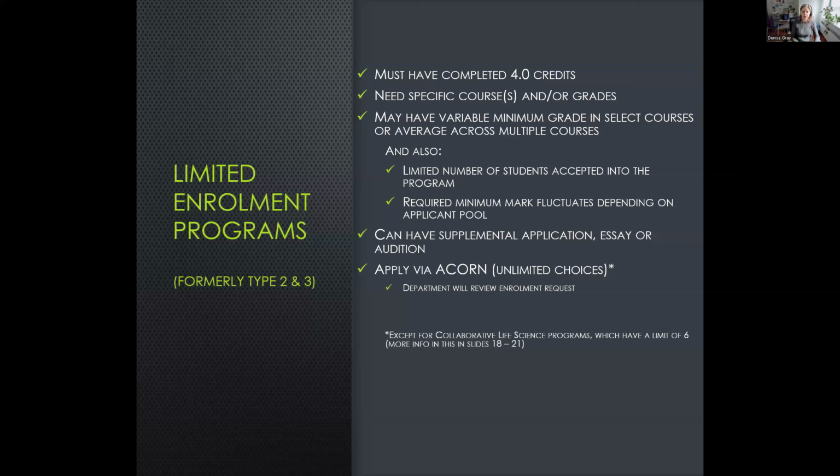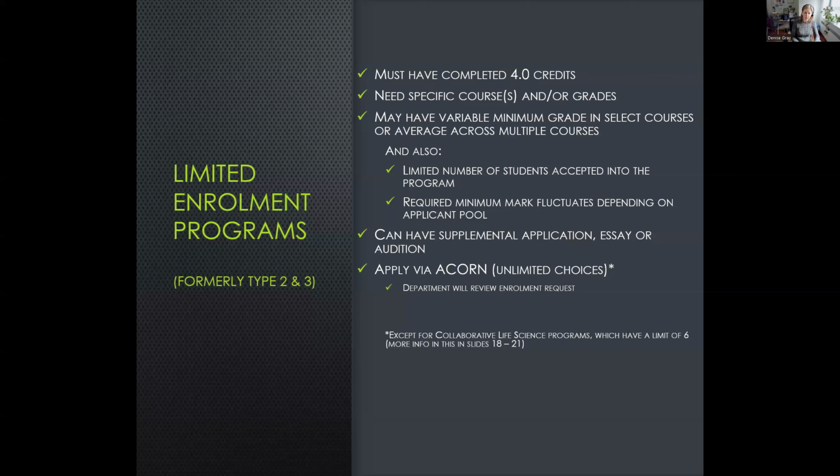Other programs, limited enrollment competitive programs, have a variable admission average. They will also list specific criteria that the departments want you to have taken, and marks you need to have gotten in certain courses that you should have completed, or be on your way to completing, at the time of admission.